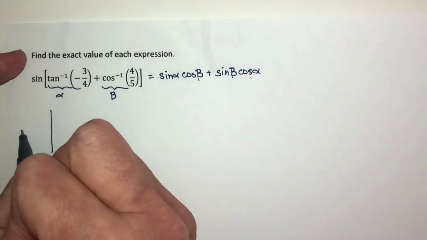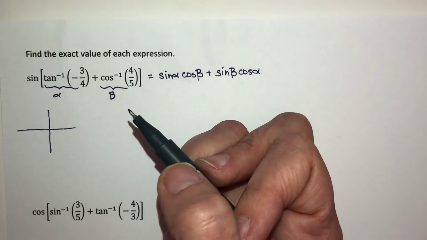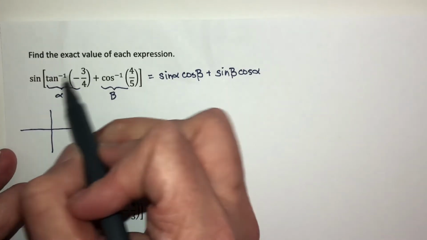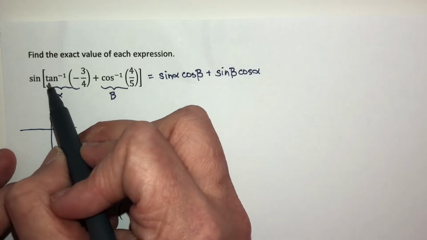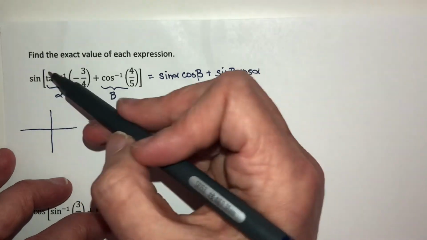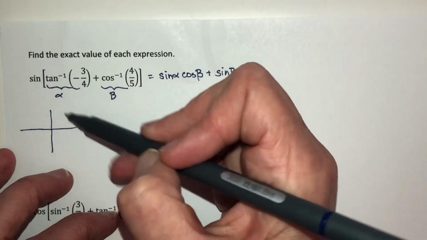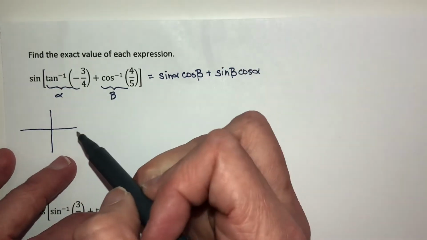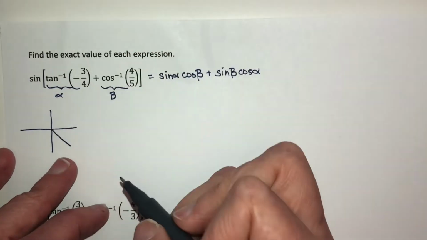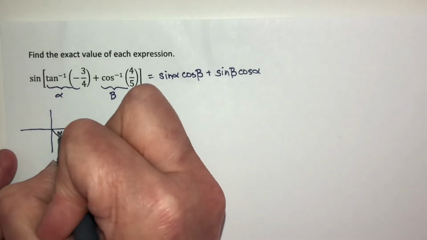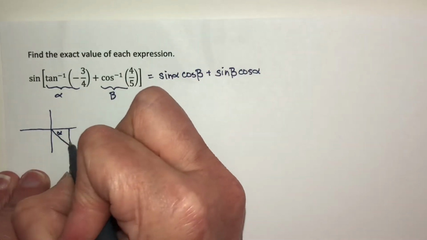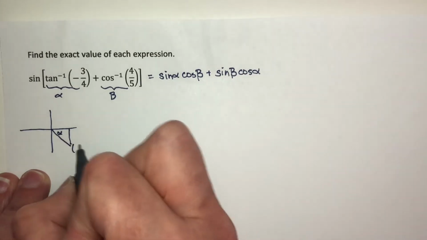Okay, so let's figure out what we have going on here. We don't know what our alpha is, but we know that tangent of it is negative 3/4. Well, our inverse tangent is going to give us an answer in one of these two quadrants, and tangent is negative down here. So if this is my alpha, then this will be the point.